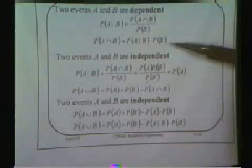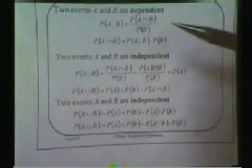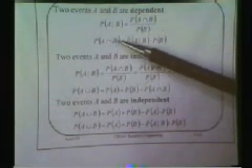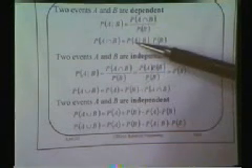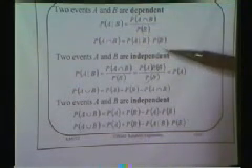What does it mean? The probability that A occurs and B occurs is equal to the probability that A occurs given that B occurs, times the probability of B.